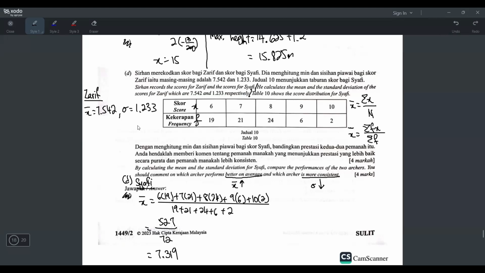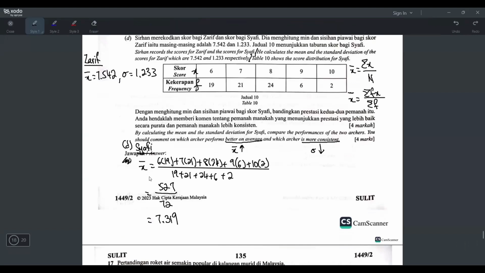So we can already see who performed better on average. So who has the higher mean here, Zarif or Shafi? So I'll just write here. Zarif is 7.5, then 7.3. So Zarif performs better on average. Okay, now we have to do the standard deviation.